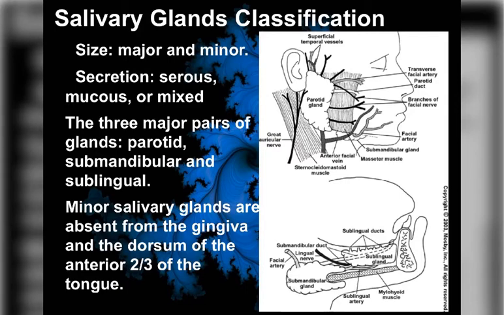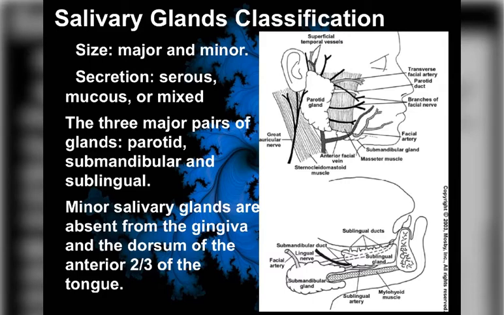The other salivary glands are minor glands. Also, salivary glands are classified according to secretions. We have serous glands, mucus glands, mixed glands.